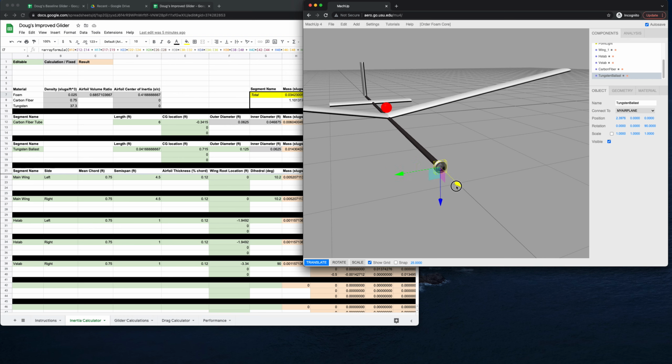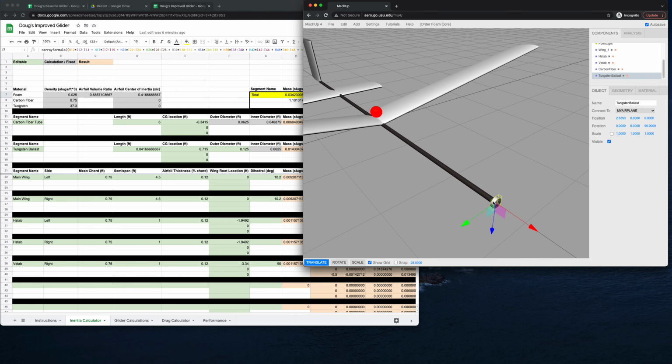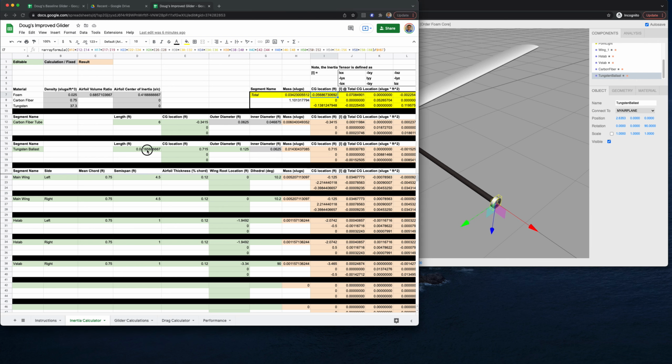Okay, so I've got to have it connected to it, so I'm just going to scooch it back here. Okay, that's about as far forward as I can get with that guy. So let's see where that's at. That's at 2.6353. So I'm going to shift my tungsten ballast forward to 2.6353.